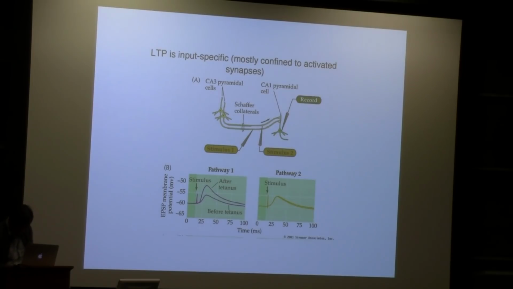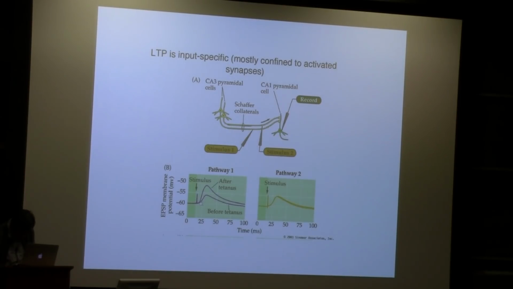So to show that they can be independent, what people did is they put 2 stimulating electrodes in this part, and they recorded the responses in CA3 cells here. Okay, and they applied the tetanus, the 100 hertz, only to one pathway, pathway 1.